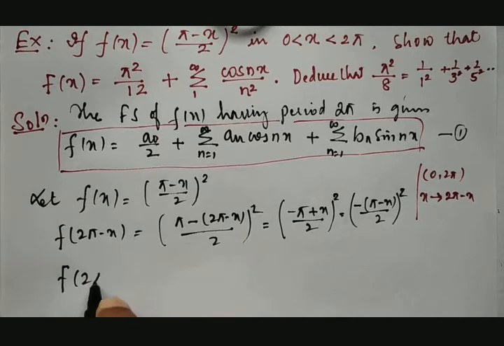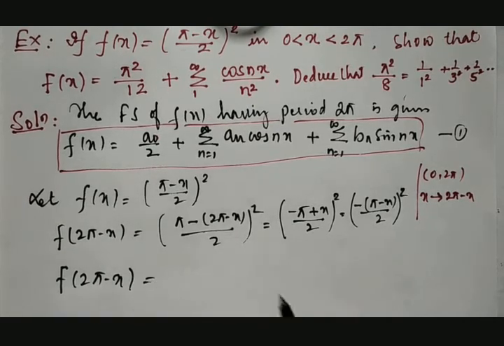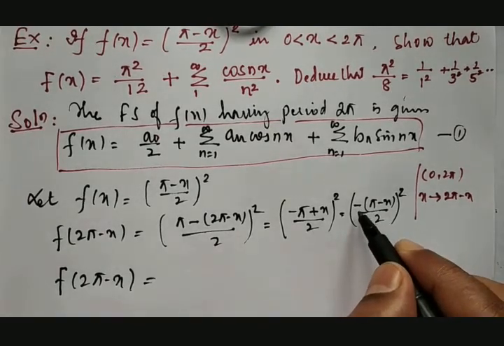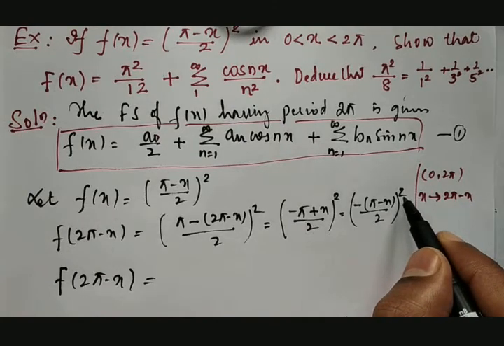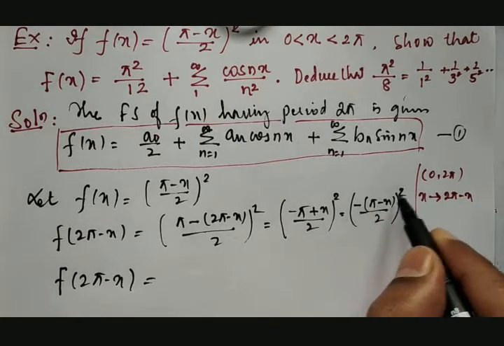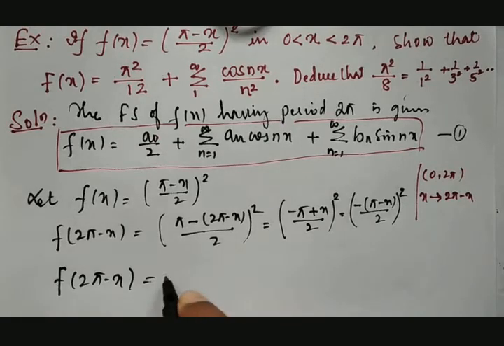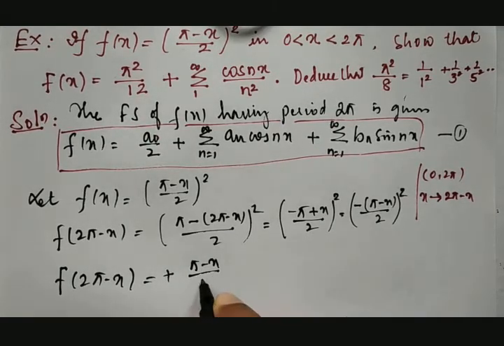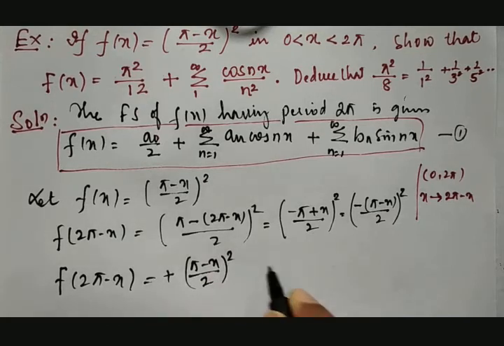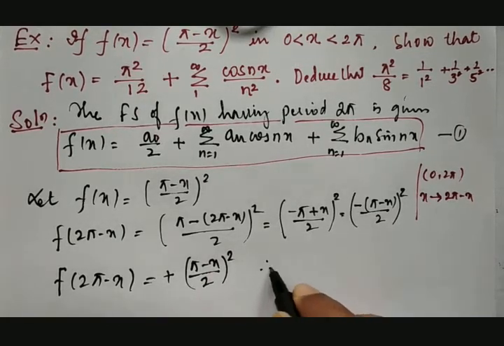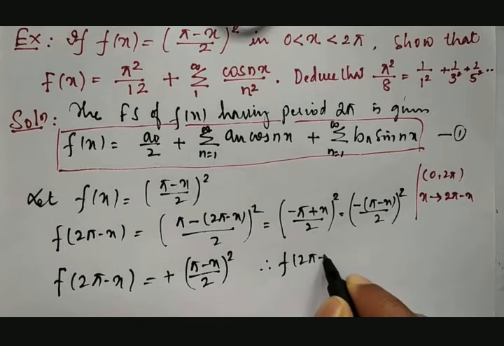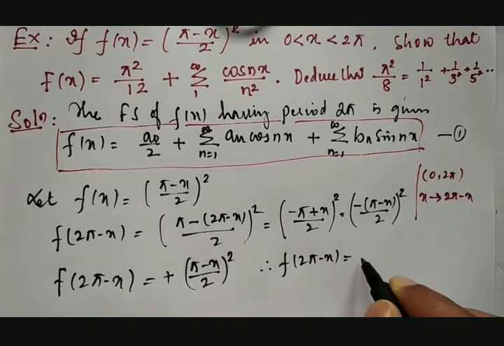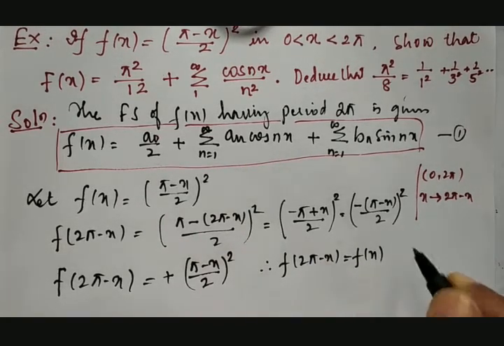Therefore, f of 2 pi minus x is equal to, since this minus sign is inside the square, minus becomes plus. Understood? It is plus. Therefore, (pi minus x divided by 2) the whole square. Therefore, f of 2 pi minus x is equal to f of x again. Understood?